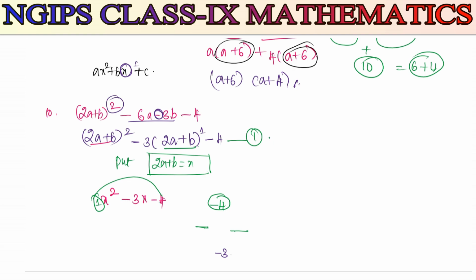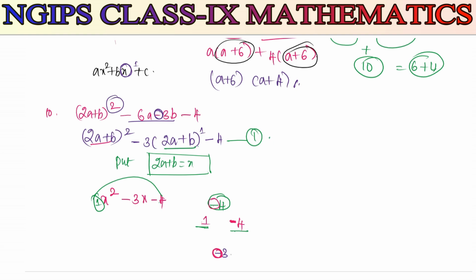Now here the two numbers, I can consider as 1 into 4. 1 fours are 4, and here we have the negative sign, right? Here also we have a minus sign, so we need to take the biggest value as a minus. So 1 into 4 is 4, plus into minus will be minus. Now from 4, if you subtract 1, you will get 3, but the biggest value is negative, so I write minus.